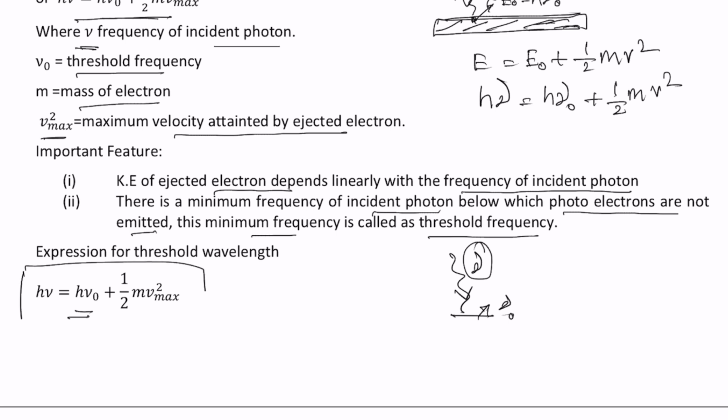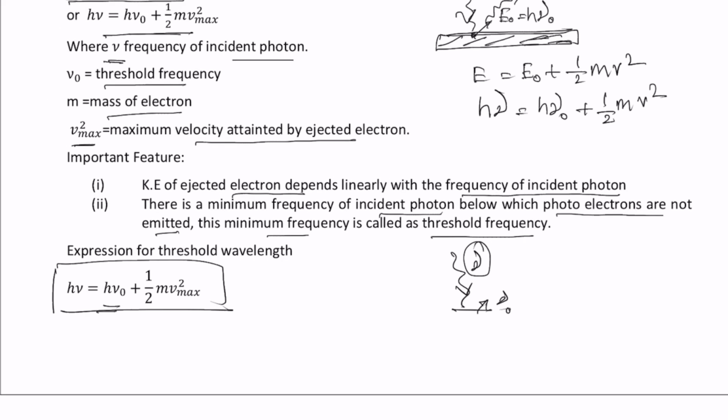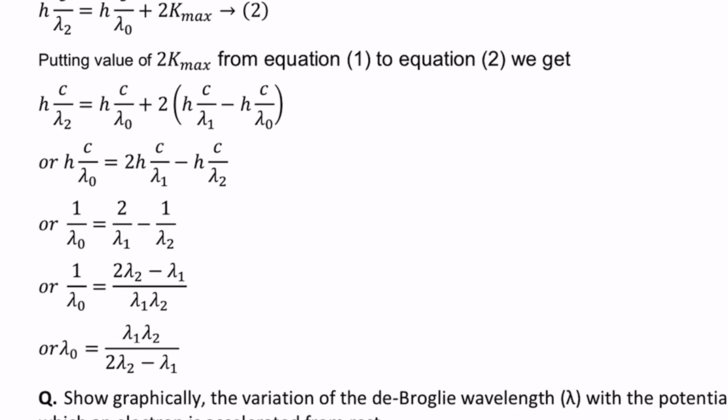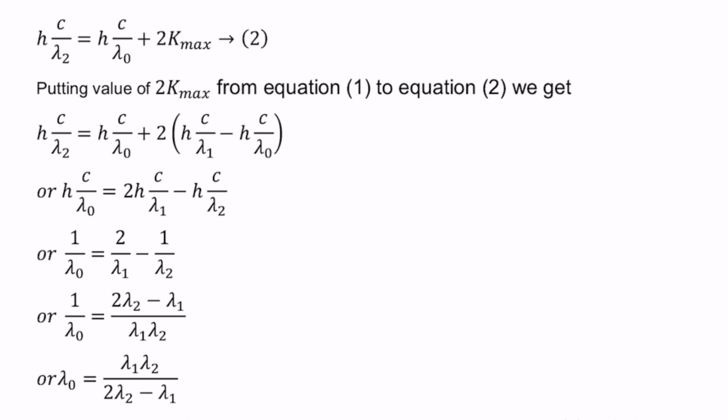Now we have the velocity of an electromagnetic wave as frequency times wavelength. So frequency is c by lambda. If we replace h nu, nu is c by lambda.